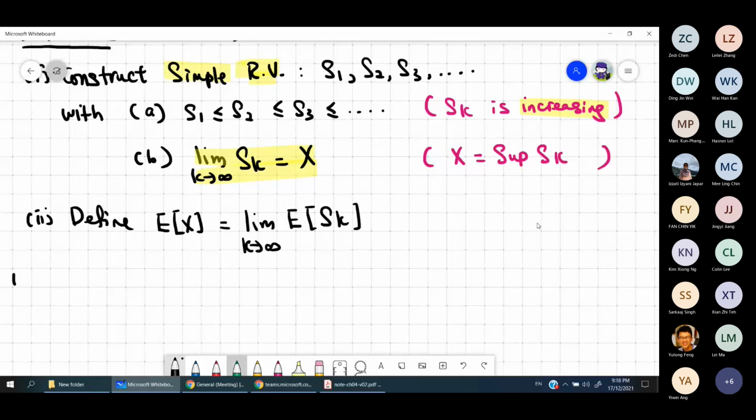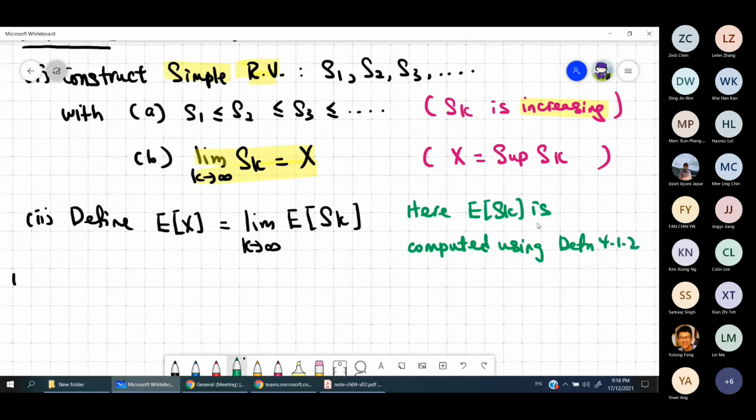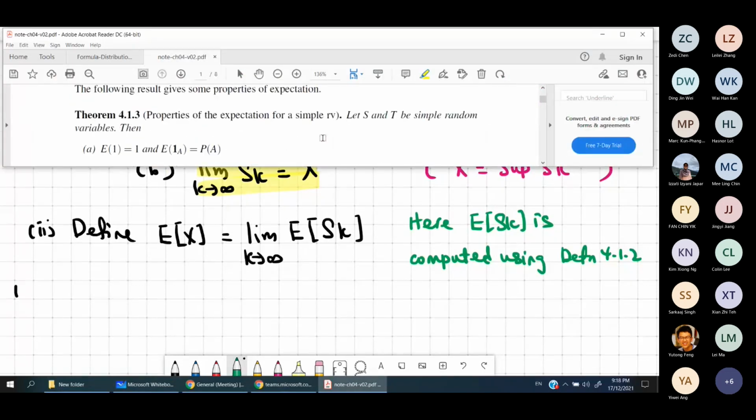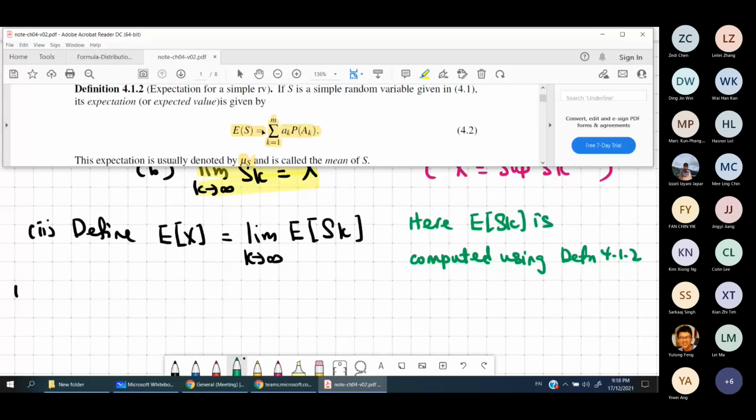Just to let you know, here E of Sk is computed using Definition 4.1.2, because all the Sk are simple random variables, so we just use this formula to compute it.